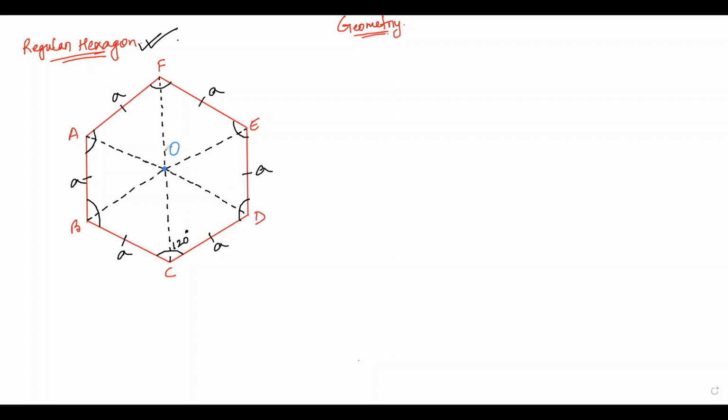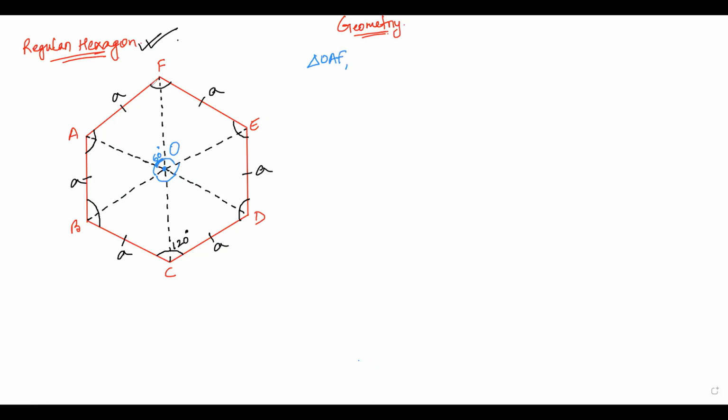Now, this angle is a complete circle which would be 360 degrees. So all these angles will also be equal and would be 1/6 of 360 degrees, that would be 60 degrees each. Now, if we consider triangle OAF, this angle is 60 degrees.